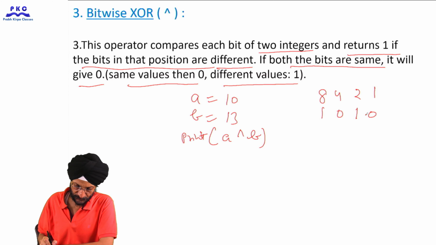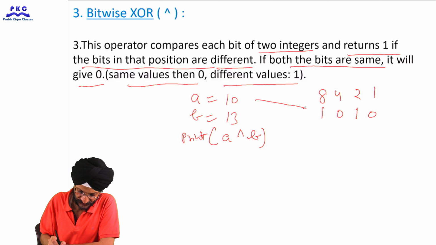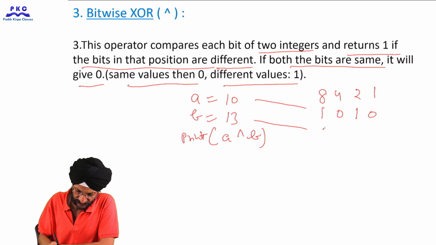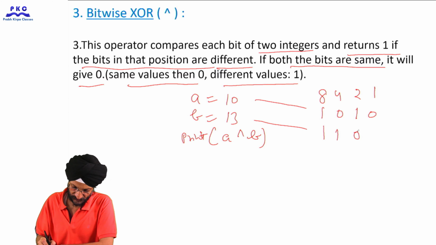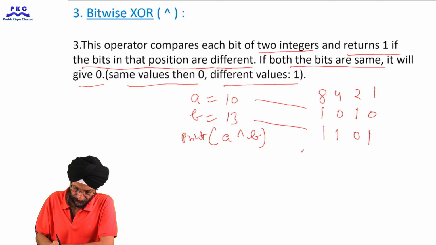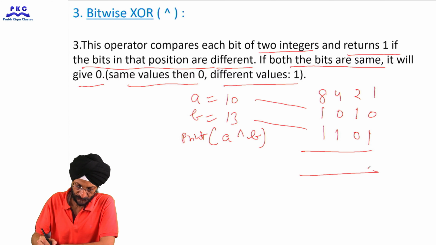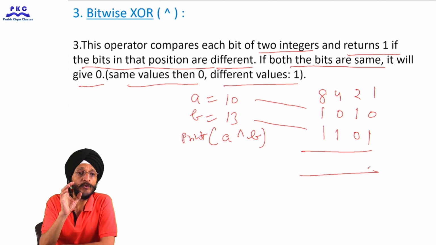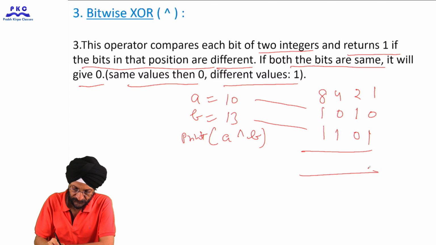This is the binary number of 10, and this is the binary number of 13. So what is the final outcome when we use the bitwise XOR operator? If both the bits are the same, it will give 0. Both the bits are the same only in this position, 1 and 1.